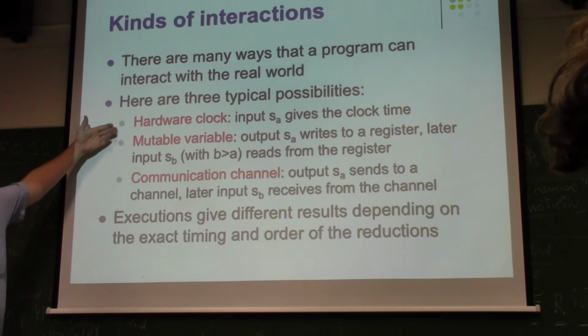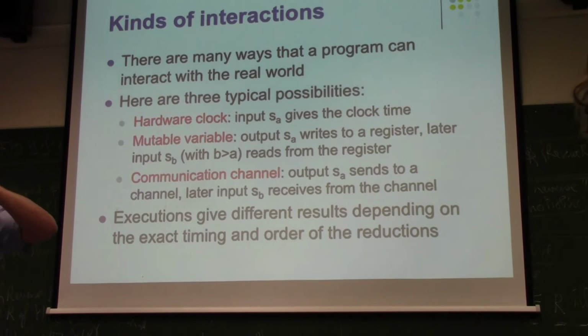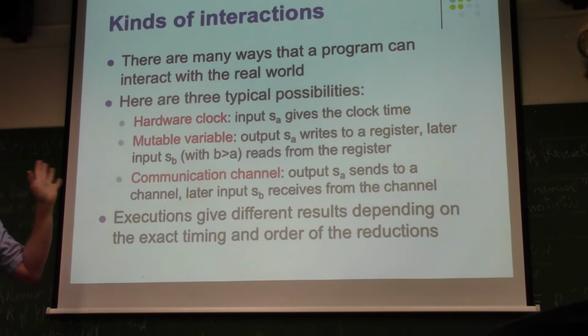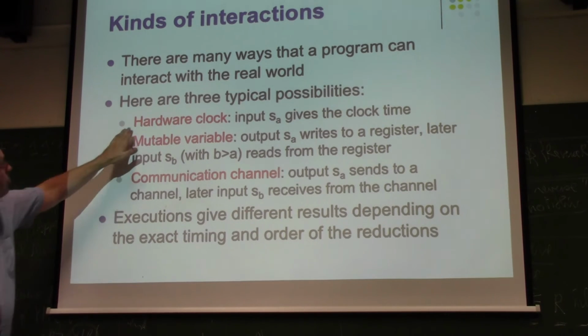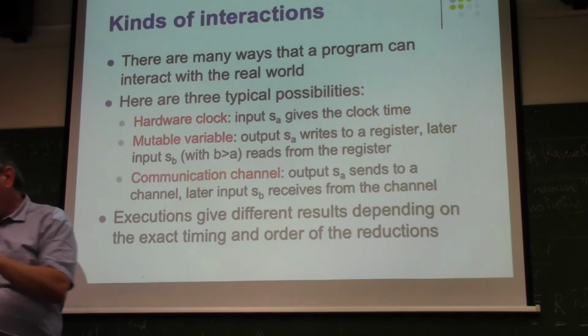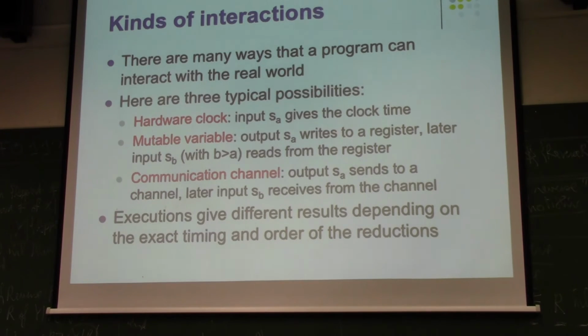So here I give you 3 ways, but there's many ways because it's all information going into the reduction or leaving. There's many ways you can do that. So here's 3 typical ways that this works. One way, one of the simplest, is a hardware clock. I have a clock that's counting nanoseconds. Quartz, crystal, whatever, nice clock, okay?